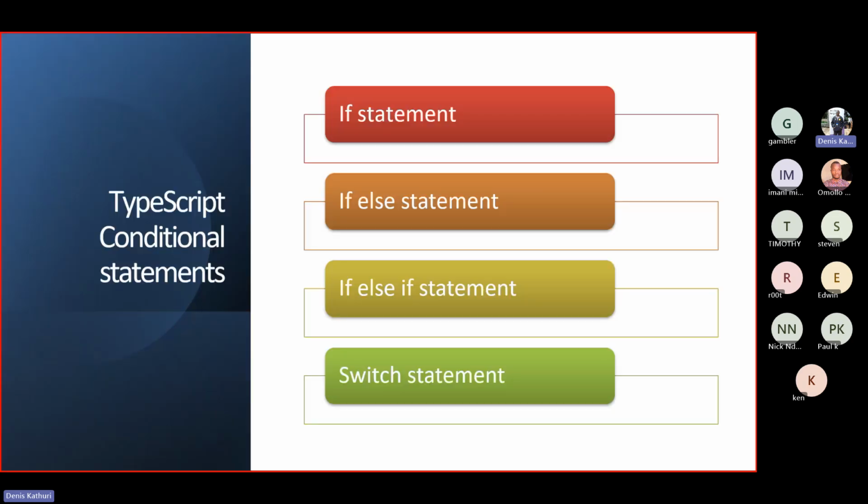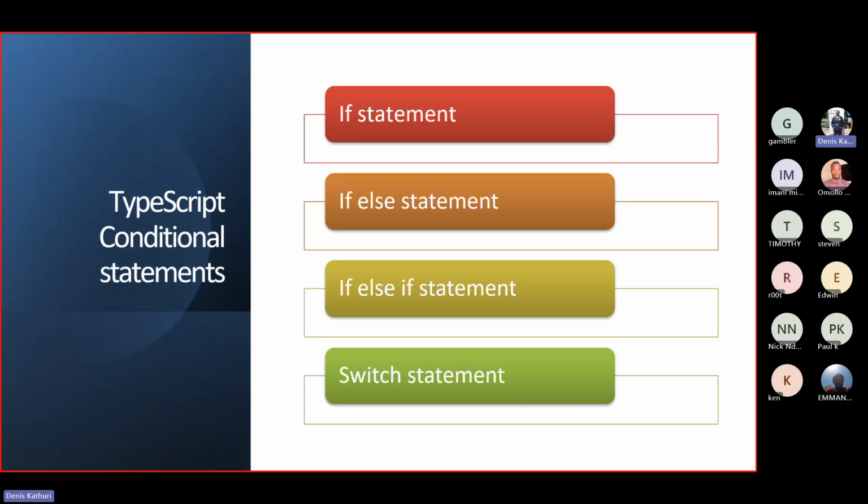The four main conditional statements we'll be focusing on today are the if and if else statement, the if else if statement, and the switch statement. There are other conditional statements, but we'll primarily focus on these for this session.